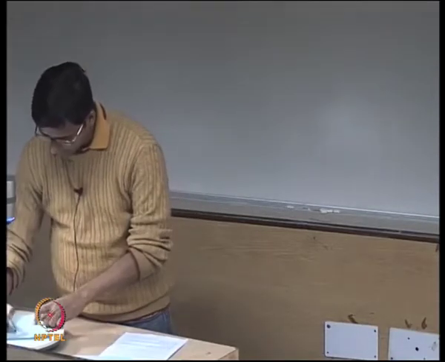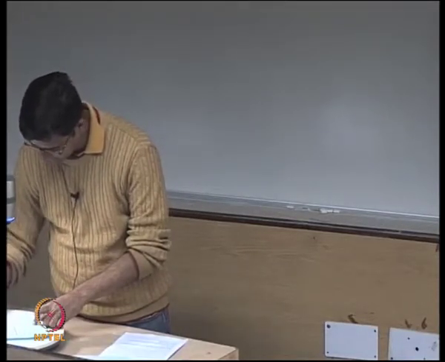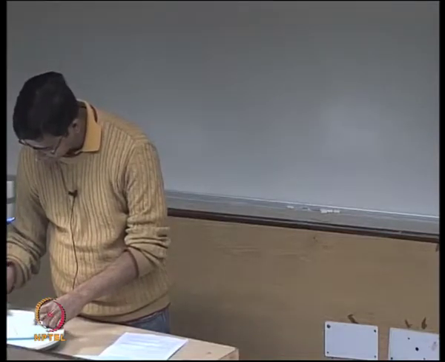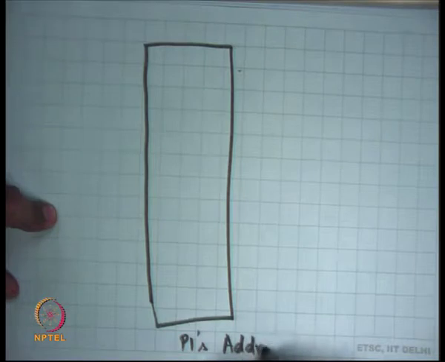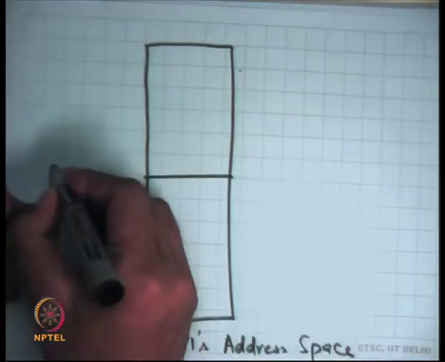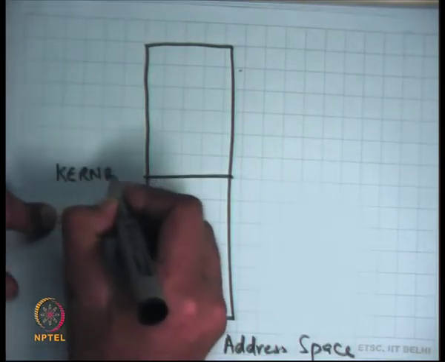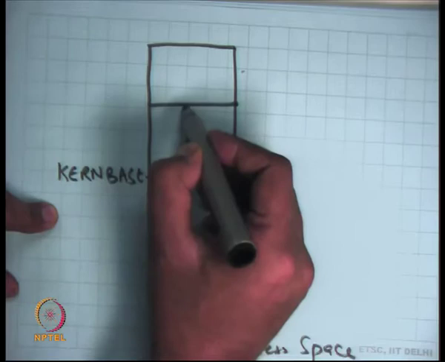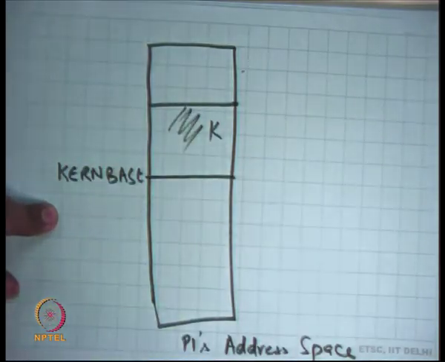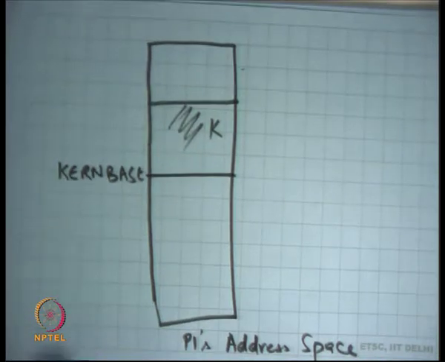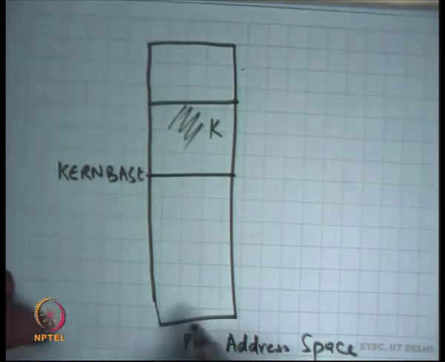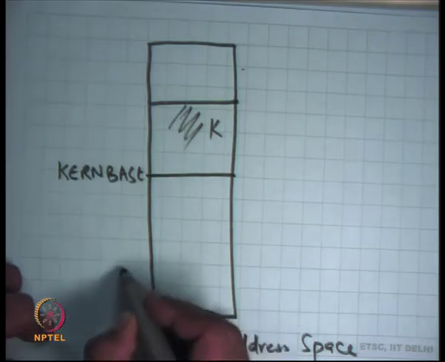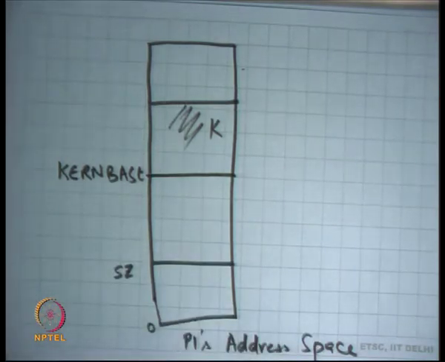So in fact, if you look at x86, let's say this is the address space. This is kern base, and there's some kernel data here, I'm just going to call it K. What x86 does is organize the address space so that all of P1's space is from 0 to some size. x86 takes a simple approach.